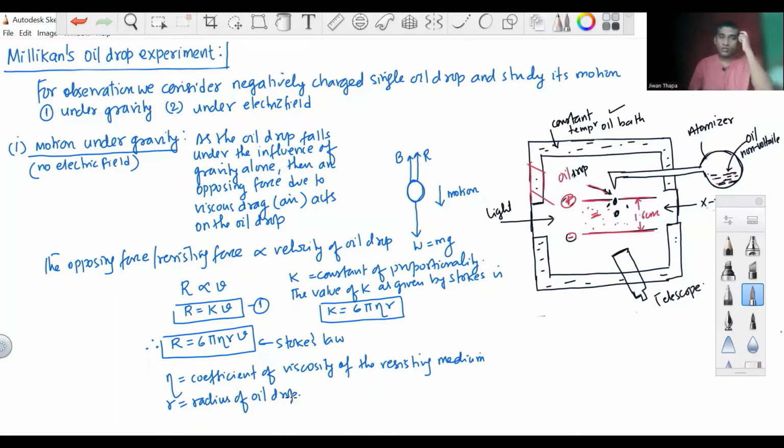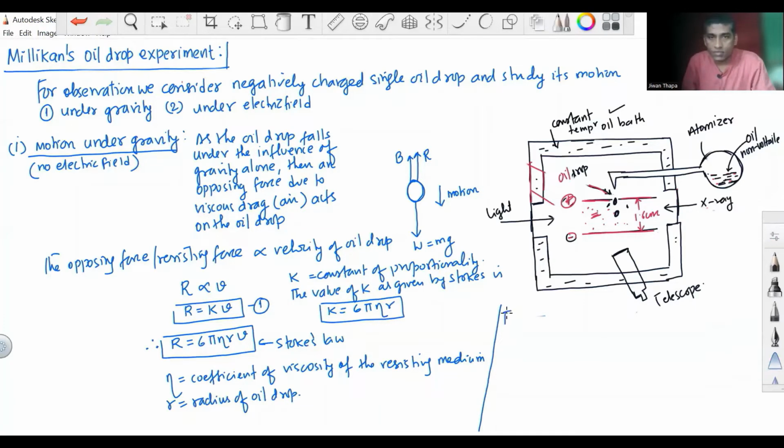Clear? Now, the forces acting on the oil drop. Let me write it this way: the forces acting on the oil drop are, first, its weight, W equals mg.